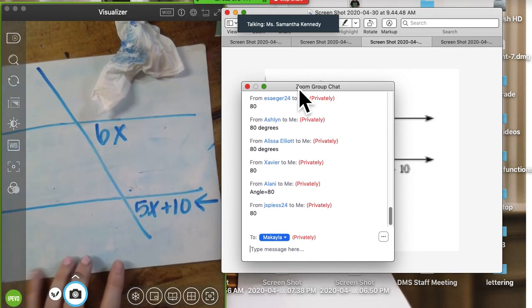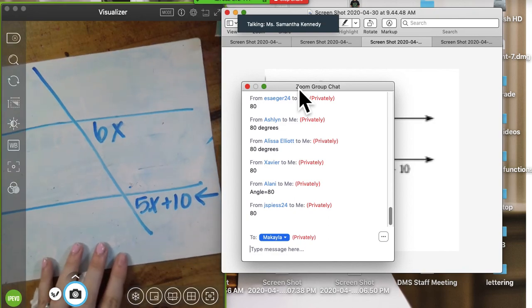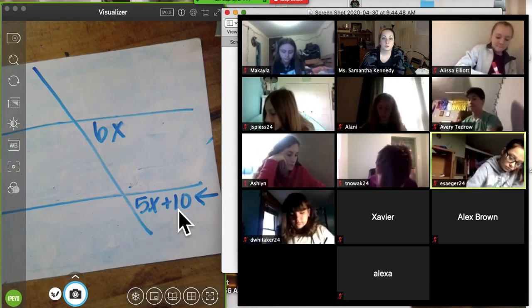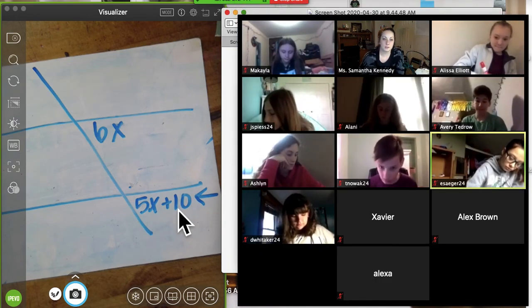It's that guy instead. I do apologize. Think about what kind of angle pair those are, and how would you solve for x and then solve for the angle measure 5x plus 10.